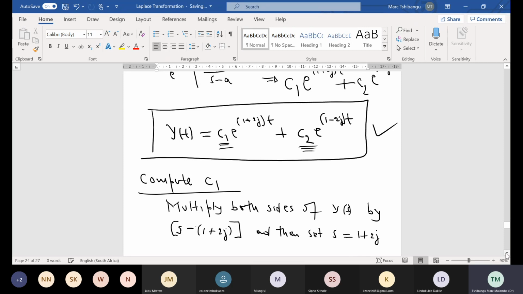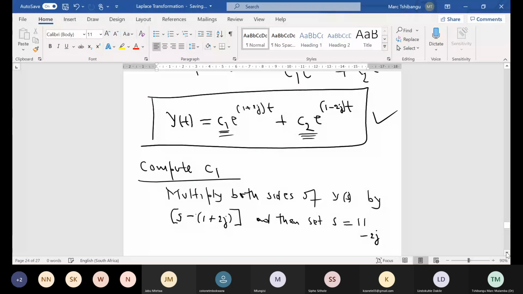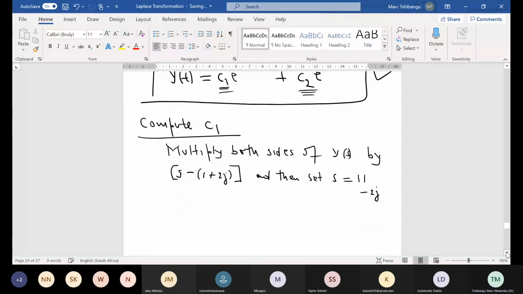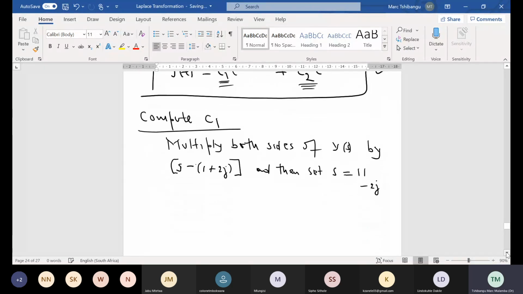Same approach. I keep leaving some stuff behind, which is not good, and it takes time to erase. Okay, there we go. So we have s equals 1 plus 2j.